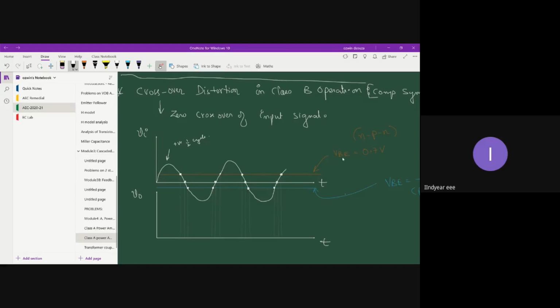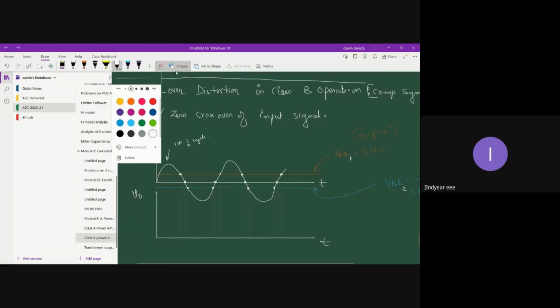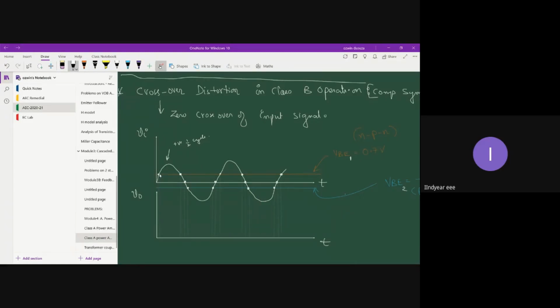As long as your input is less than VBE1, the transistor is in off state. Off state in the sense, till this point, the transistor doesn't conduct. So transistor remains off. Once your input signal starts to rise above VB, the transistor is going to conduct.